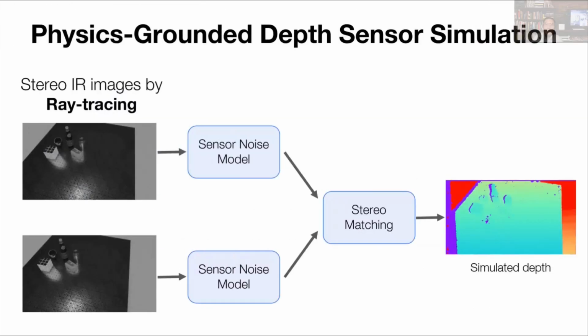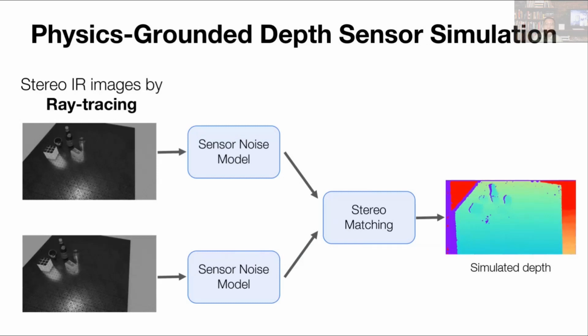In order to simulate the depth sensing result of transparent and translucent objects, we propose to render the stereo images by ray tracing, which allows us to simulate the transport of light with high fidelity. We further model the sensor noise for real sensors.